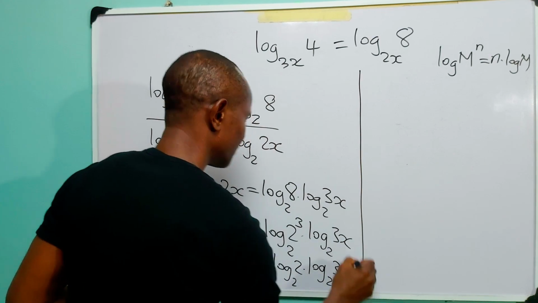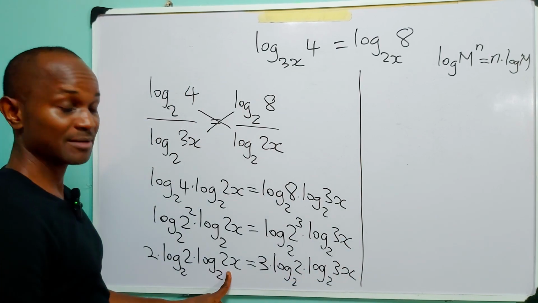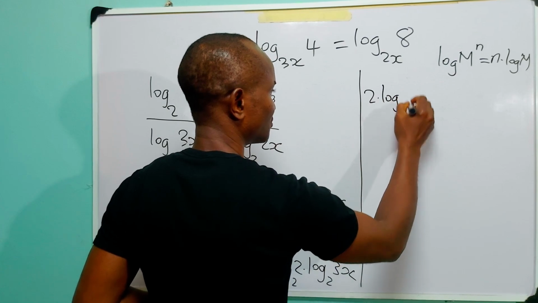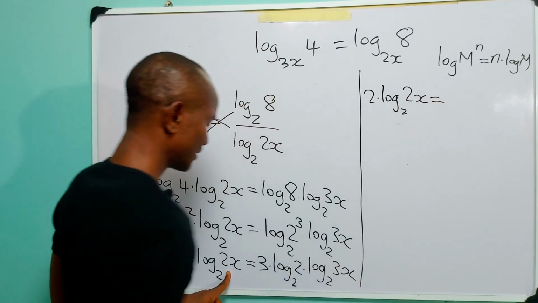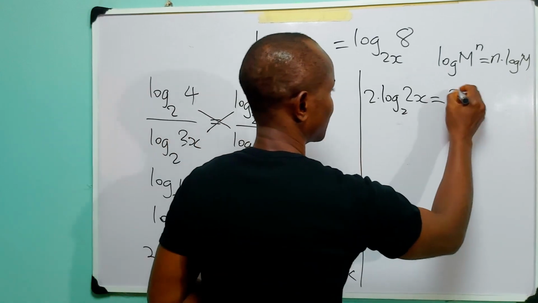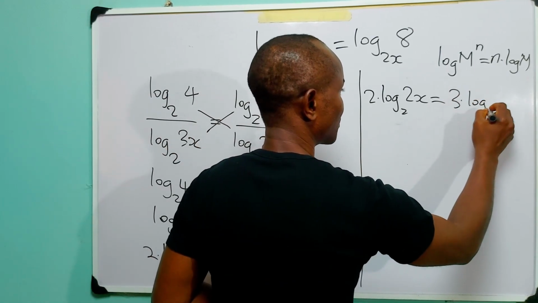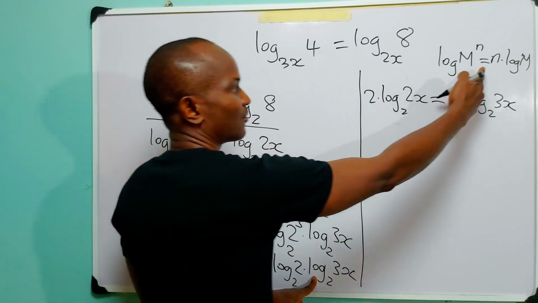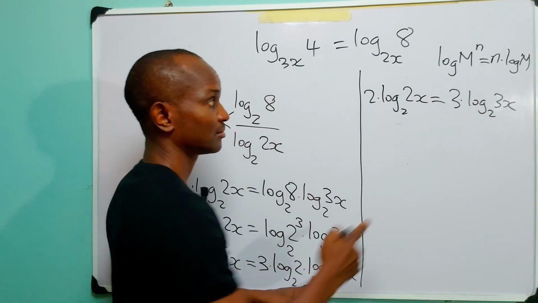So we have 2 times log to base 2 of 2x is equal to 3 times log to base 2 of 3x. Now, once more, let us look at the power law.